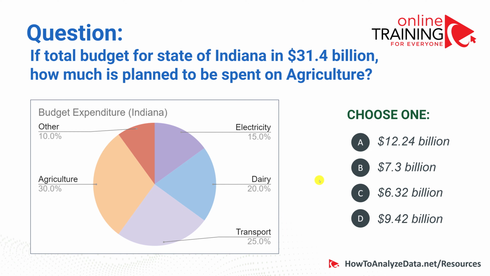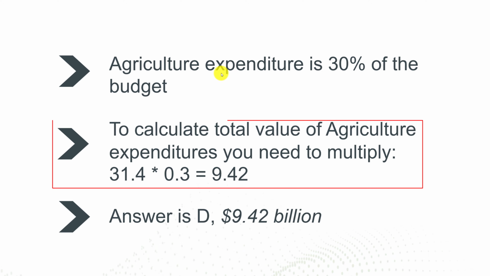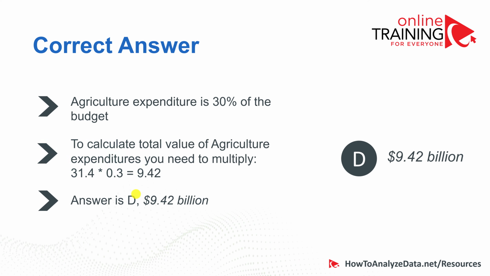Whatever's correct answer based on this calculation would be the choice that you should select for this type of questions. Let's look and recap this question. Agriculture expenditures is 30% of the budget. To calculate total value for agriculture expenditures, you need to multiply 31.4 by 0.3, which is equivalent of $9.42 billion. So the correct choice here is answer D, which is $9.42 billion.